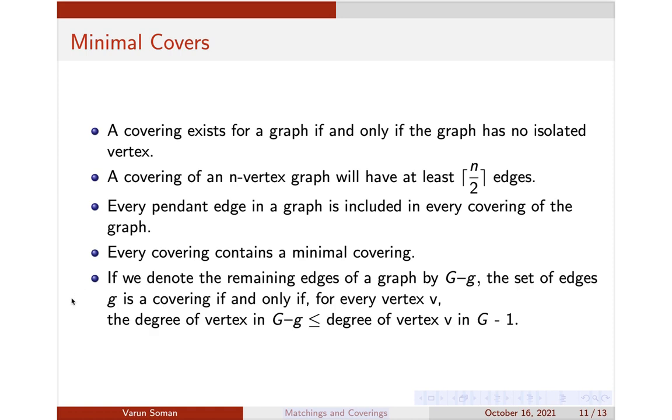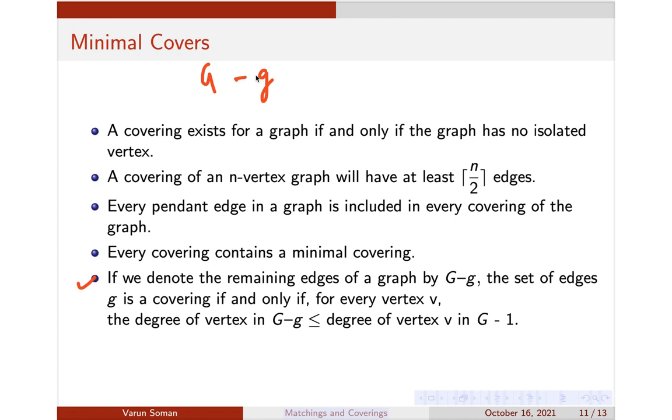Okay, this is another simple observation here. If you have a graph G, and suppose you have a cover. Now if you delete all the edges in the covering, what will happen? That means this covering actually touches all the vertices, right?